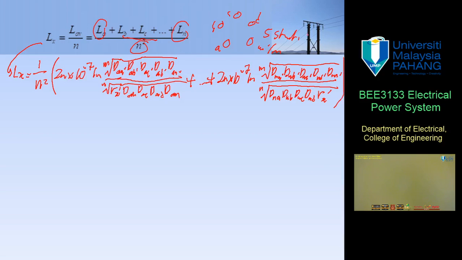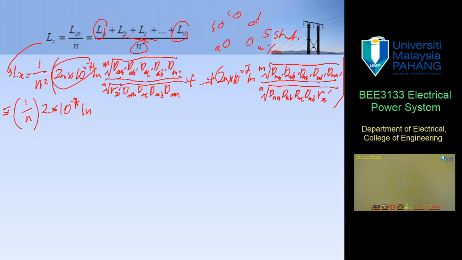If we assume that we have 5 strands of A, B, C, D, and M for N. Okay, M for the case of conductor X, N for the conductor Y. So if I try to solve this, I take it out here, and I will get 1 over N multiplied with 10 to minus 7, Ln.